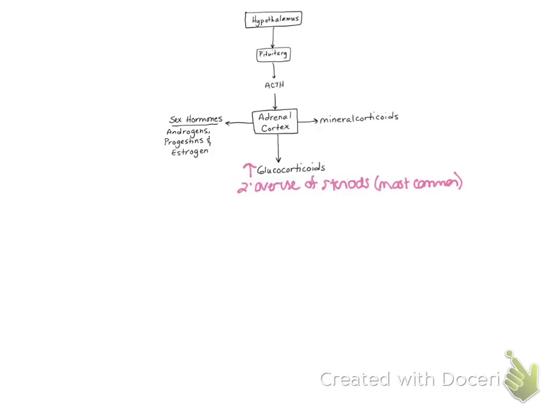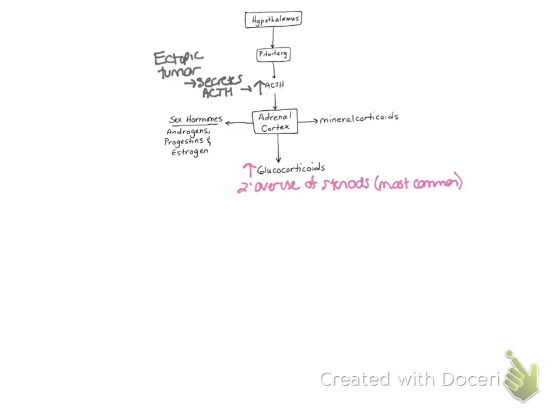Another reason that we tend to have Cushing's syndrome or an excess is because of an ectopic tumor. It can be a tumor in the pancreas or the lung, and basically that tumor secretes ACTH. So we have an increase in our ACTH.